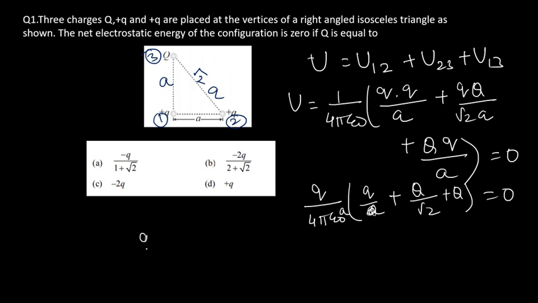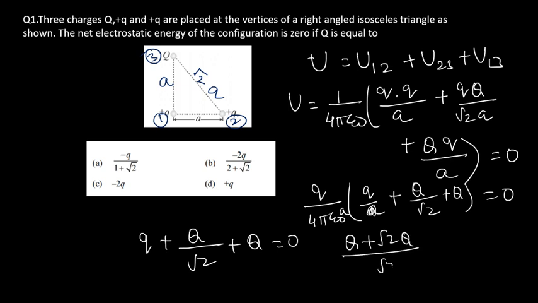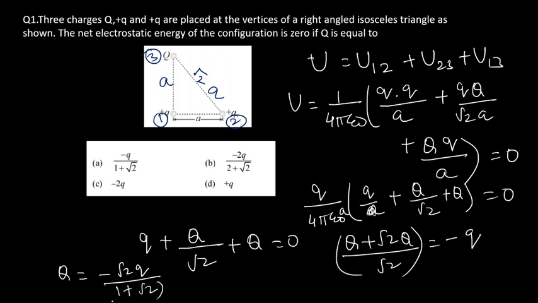It means Q plus capital Q upon root 2 plus Q equals 0. Or we can write it as Q plus root 2Q upon root 2 equals minus Q. And what will be the value of Q? The value of Q will be equal to minus root 2Q upon 1 plus root 2.